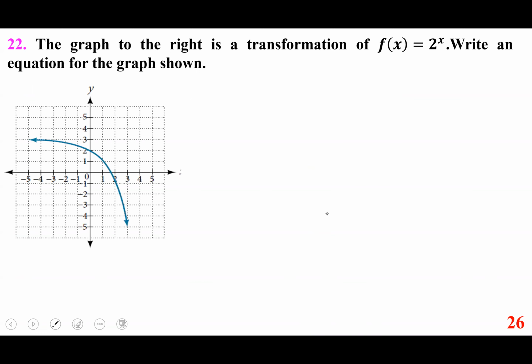Transformation. We are supposed to work on this: f of x equals 2 to the power of x, and then end up with this one. And we want to write an equation for the graph shown.